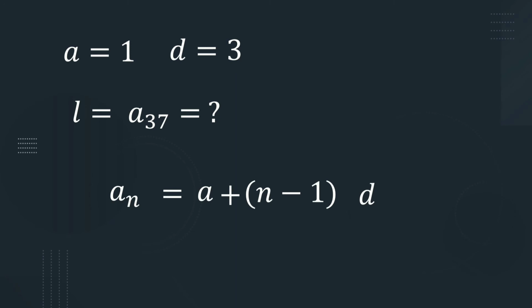First term is a1. We have to find the last term, a37. Here d is equal to 3. So an is equal to a plus (n minus 1) into d.